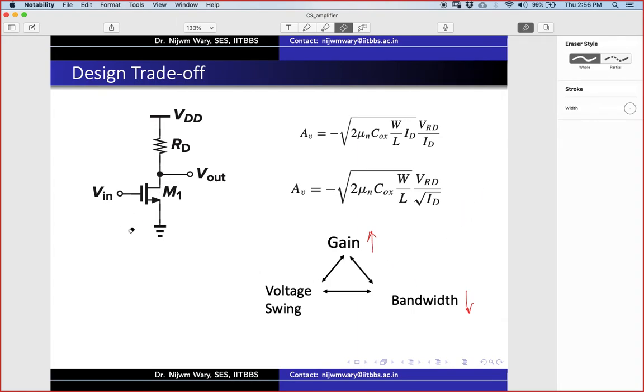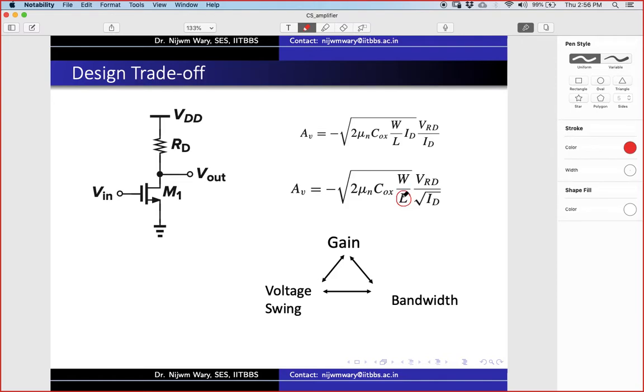Now, we cannot arbitrarily increase W by L. In fact, the reason for going for very low technology is also this: in fabrication we are trying to make this L as small as possible. People are going for 16 nanometer, 5 nanometer. Of course, in digital it helps a lot, but in analog also, in one sense, it is helping because it is improving the W by L ratio, right?